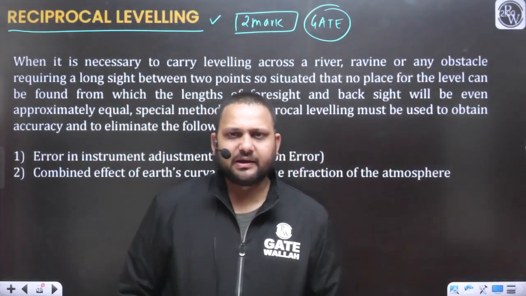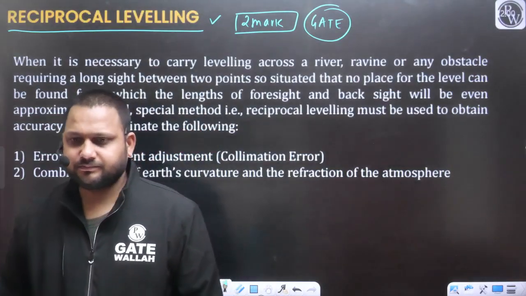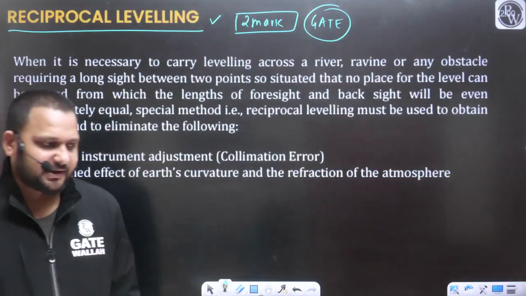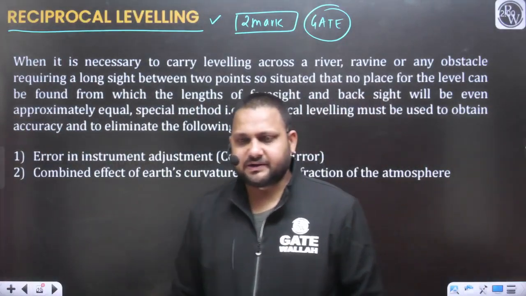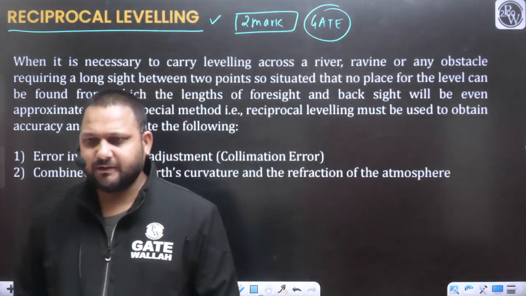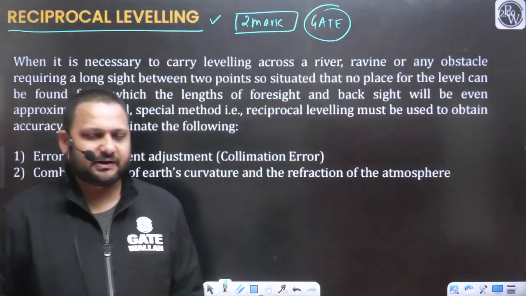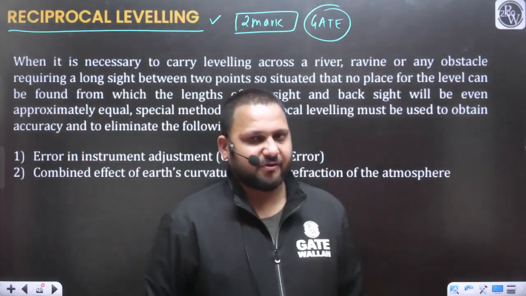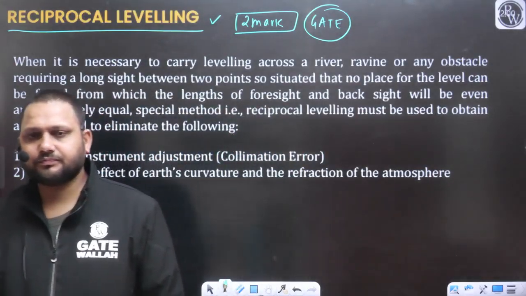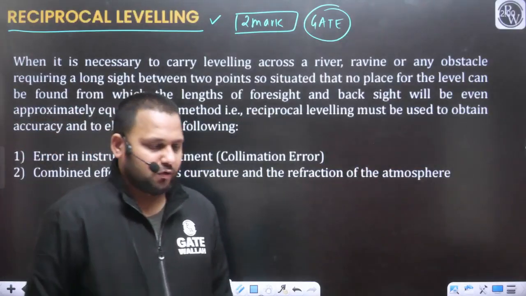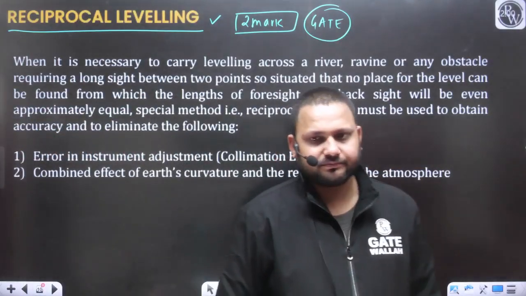Small errors can be neglected, but a large error cannot. Otherwise, what will be the benefit of collecting the data if our information is inaccurate? I hope this point is clear to everyone.